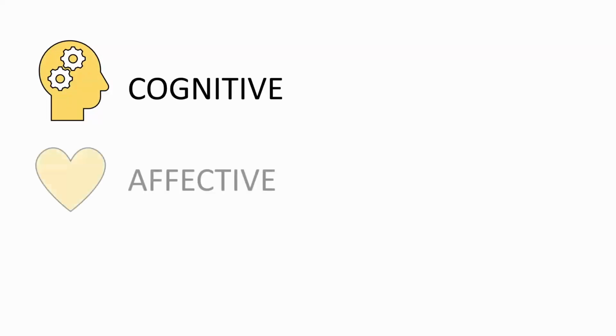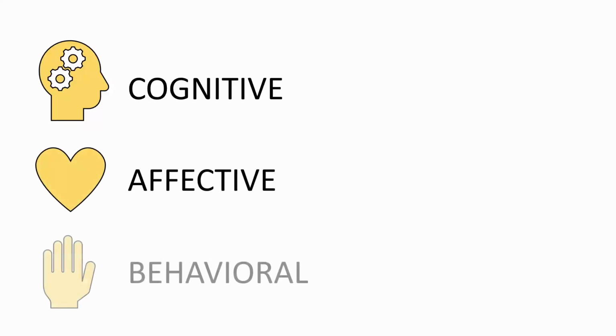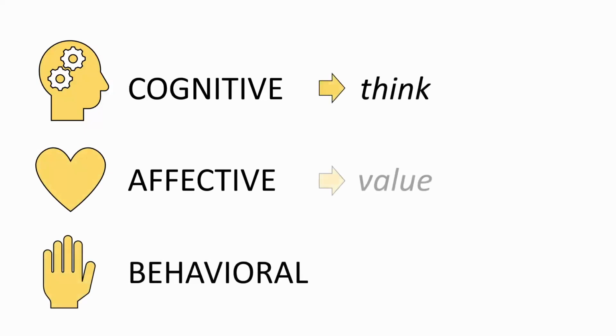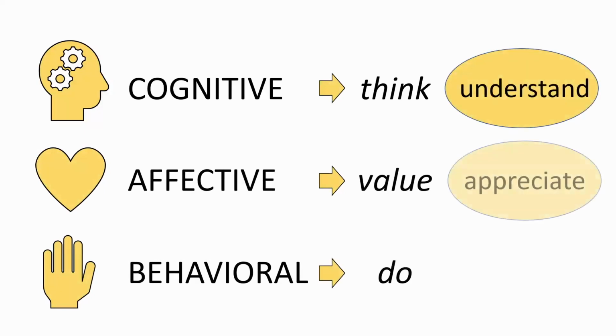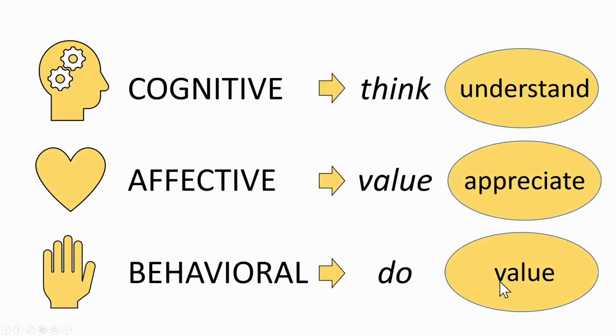Not that ideas in the head are bad, but in addition to the cognitive, there's also the affective and the behavioral. Think, value. What do we want students to understand, to appreciate? Value is wrong. To understand, to appreciate, and the skills.